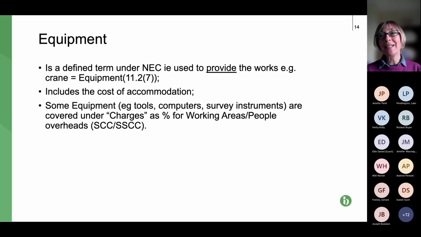Personally, I think the key is, as long as you're not double claiming it, that's the most important thing. However, I do know that some project managers are very rigid about this. If you claim it under equipment and it should be under charges, they'll delete it. They'll certify it as nil, which means you've got to wait till the next application for payment before you claim it. You just need to be careful about that. Next slide, please.